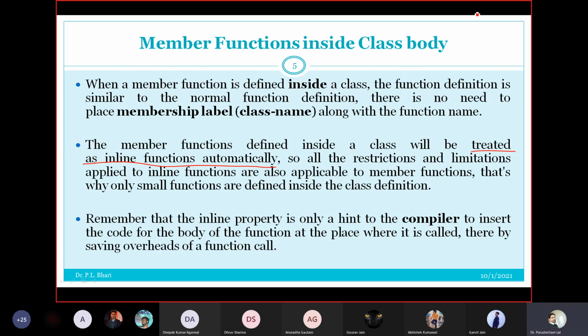Okay, so we already talked about inline function, and those are two statements for inline, how the inline works. Inline means we can say it is a hint for the compiler that the code must be inserted at the place of the function call. Okay.